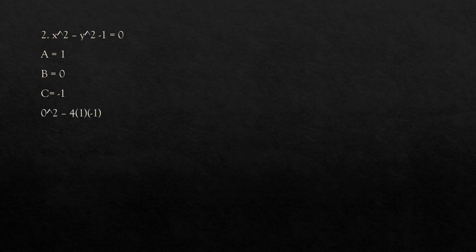Next we substitute these values: 0 squared minus 4 times 1 times -1 is 0 plus 4. Since our discriminant is greater than 0, this is also a hyperbola.